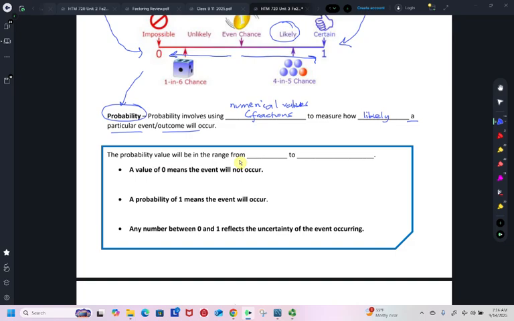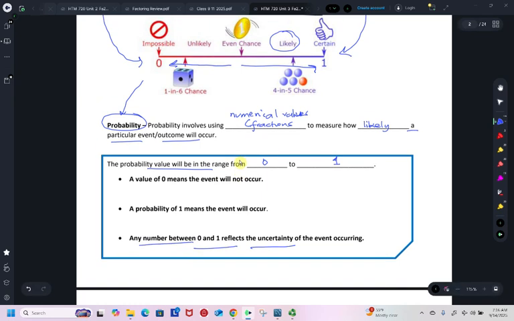So in general, probability values will usually be from 0 to 1. Whenever you compute probabilities, we should never get a negative value, and neither should probabilities exceed 1. Any number between these two numbers helps to reflect the certainty or otherwise the uncertainty of the event occurring.